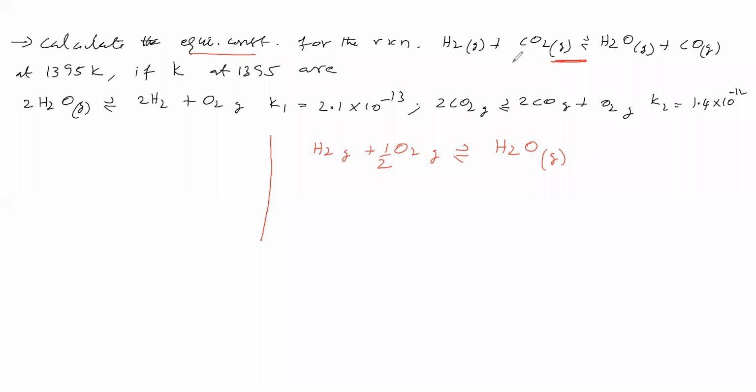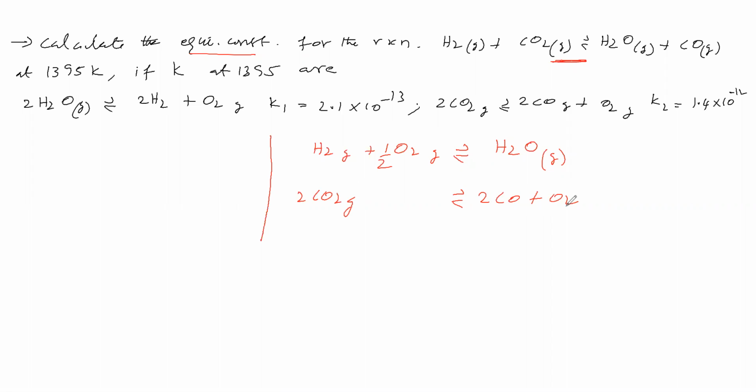In the required equation, carbon dioxide is there on the left side. That carbon dioxide is available from this equation, so let us take this equation as it is: 2CO2 gas gives 2CO plus O2.